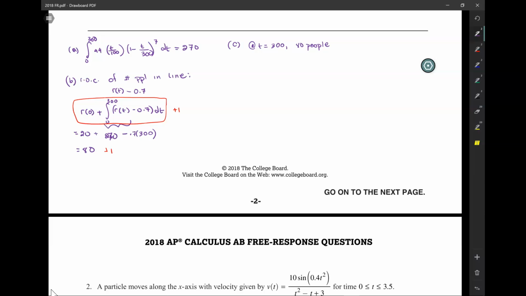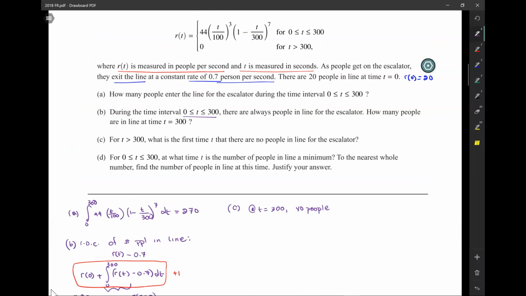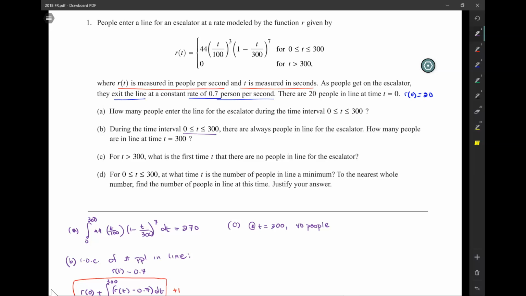It's still going to decrease now, because it's after 300 that people stop entering. Now it's like you cordoned off the entry to the escalator. Now you just have to wait for the people to leave.